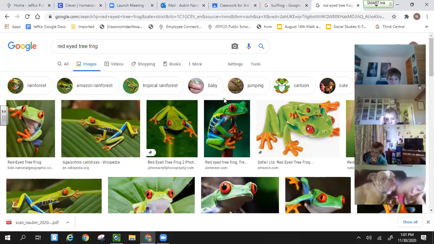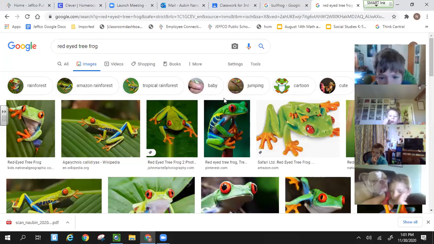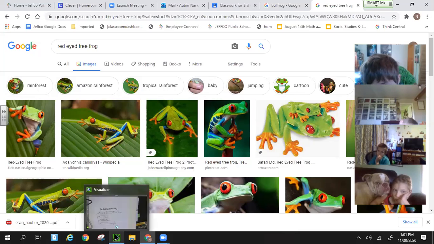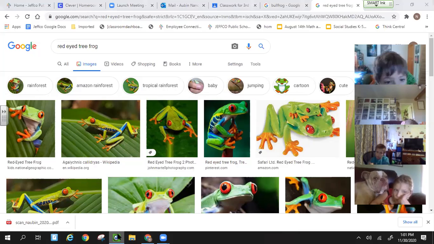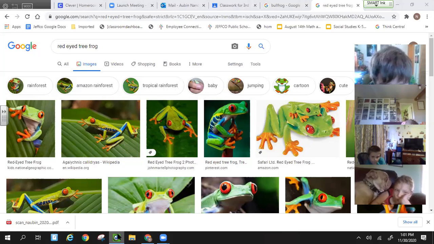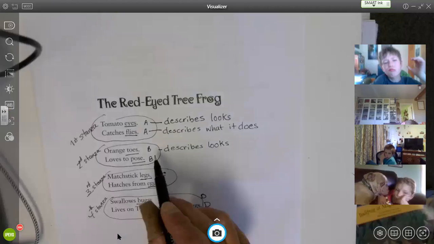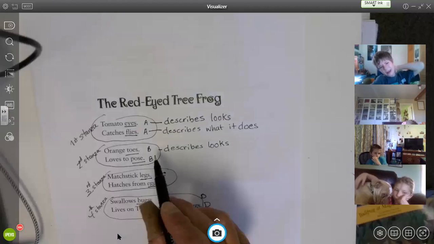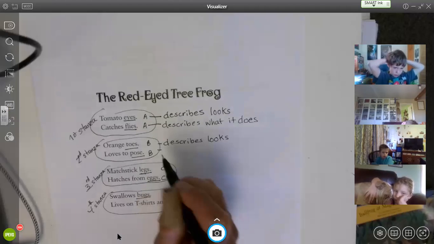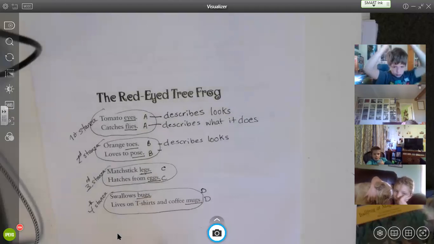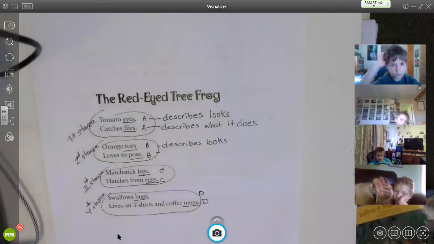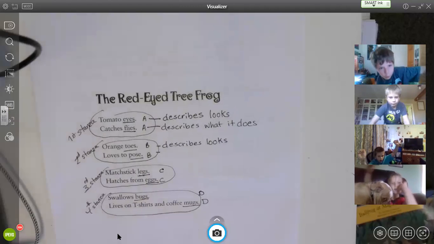Yeah, and thinking back to our learning target, we're supposed to write a descriptive poem that's describing what the toes actually look like. So here we are again, that first line of our second stanza describes looks, but loves to pose. Everybody strike a pose for me on the count of 3. 1, 2, 3, strike a pose.